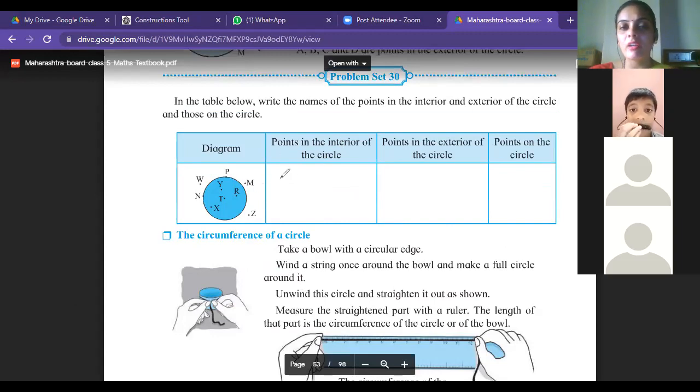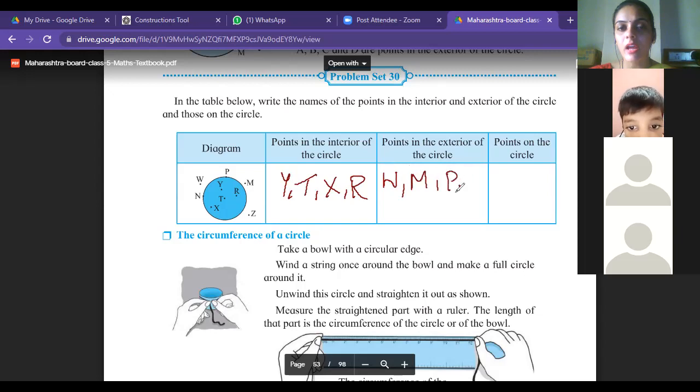How will you write here? T, Y, T, X, R. Exterior? Exterior, N, P, and N. Teacher, N. What is the point on the circle?